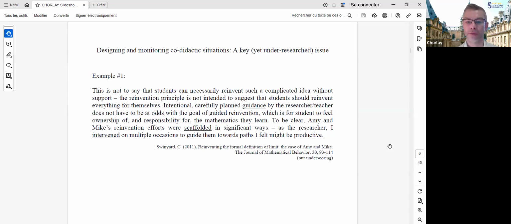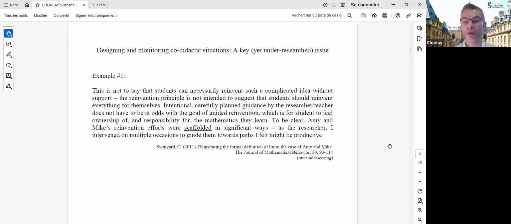For example, in this very interesting paper of 2011, it's a very experimental situation, not at all standard teaching format. You have two gifted students working with a group of researchers for maybe 7 or even 10 1.5 hours sessions. So it's very interesting to study in detail their cognitive path.